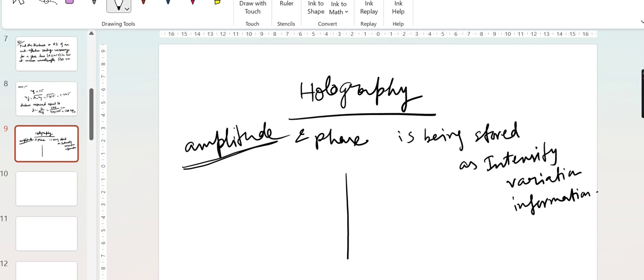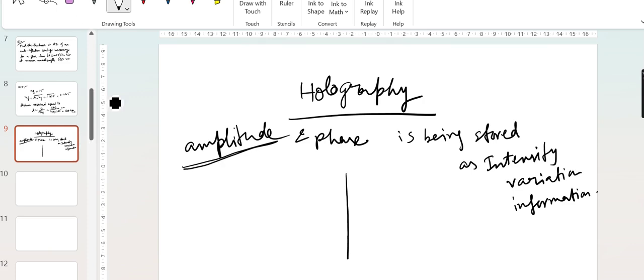So both the information has been stored, as a matter of fact, in the interference. Basically, that is the case. For holography, amplitude and phase both are important.